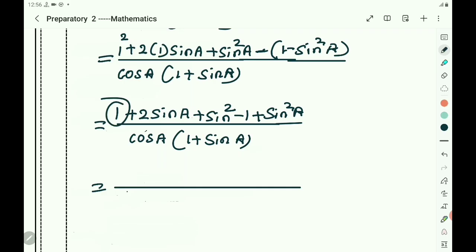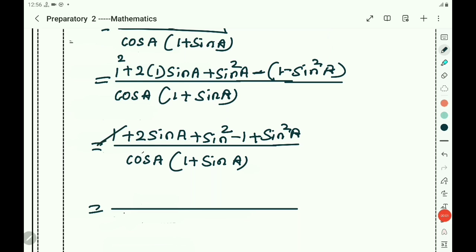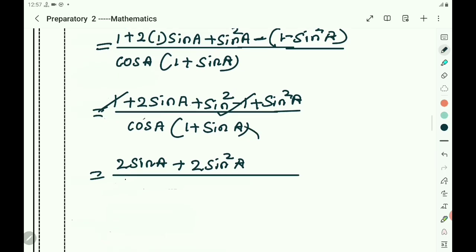Write 1 as it is, plus 2 sin A as it is, cancel 1 and minus 1, then write 2 sin A plus sin square A plus sin square A is 2 sin square A, and write the numerator.